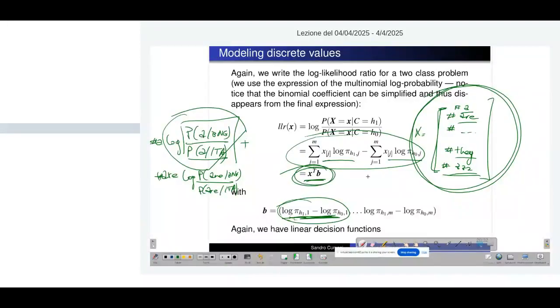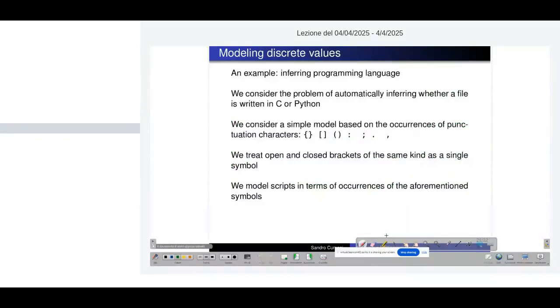And this corresponds to a linear model in the vectors that correspond to the occurrences of the words. Then I will compare this with a threshold, and again, this corresponds to the expression of a linear model where the boundary corresponds to the solution x transpose b equal to the threshold. So again, this is a linear decision function. So a model that computes linear decisions.